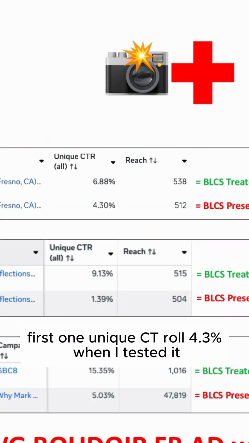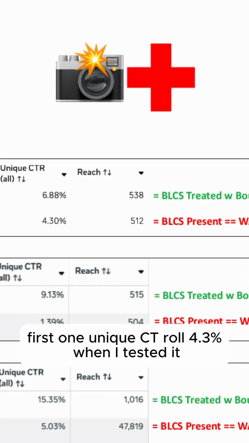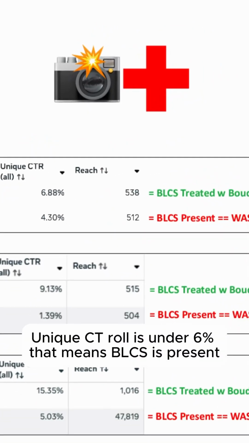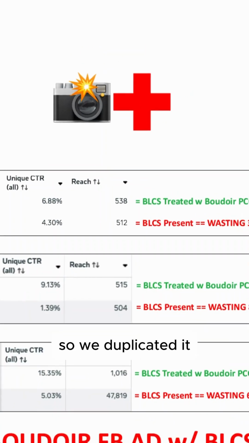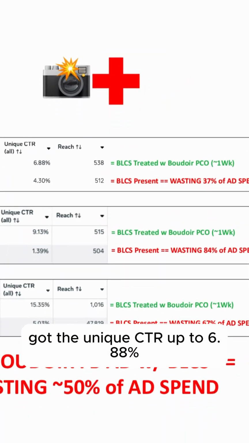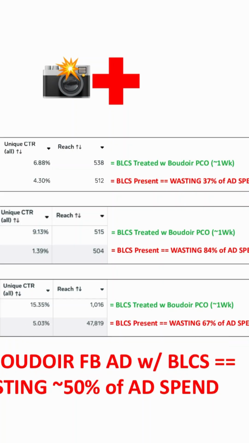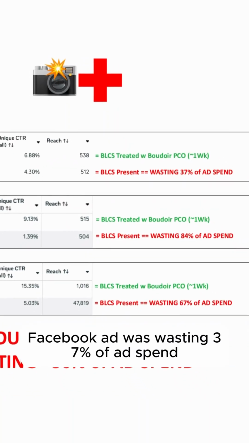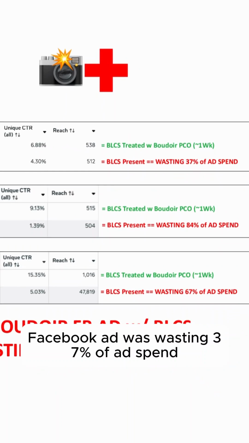First one, unique CTR all 4.3% when I tested it. All right, unique CTR all is under 6%. That means BLCS is present. So we duplicated it, treated it with Boudoir Pico. Took about a week. Got the unique CTR all up to 6.88%. So we found out the original Boudoir Facebook ad was wasting 37% of ad spend.